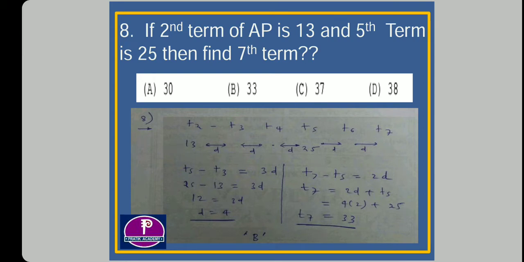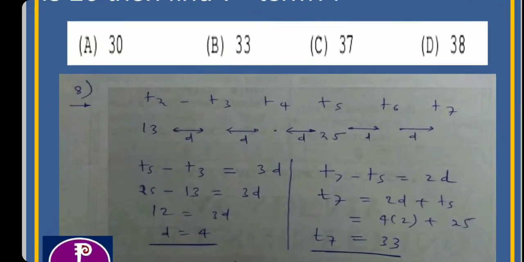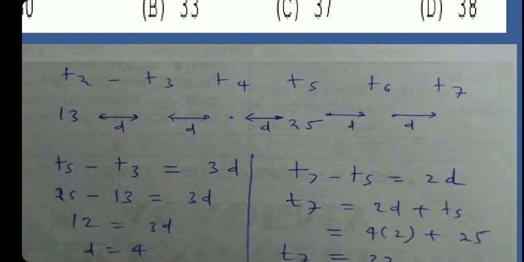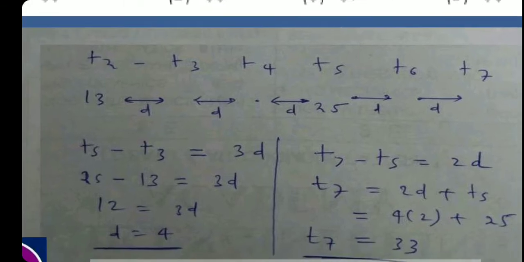Next is, if the second term of AP is 13 and the fifth term is 25, find the seventh term. So if you look here at T2, T3, T4, T5, T6 and T7, out of which T2 is 13, T5 is 25, and they have asked what is T7.